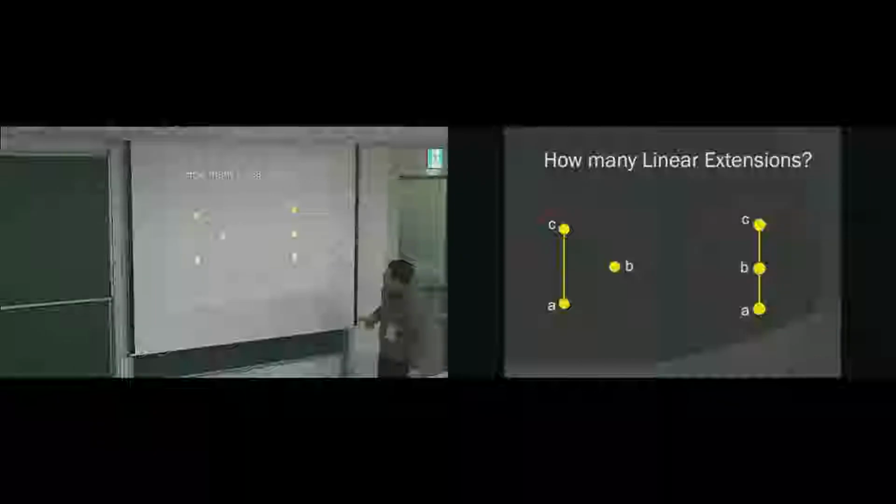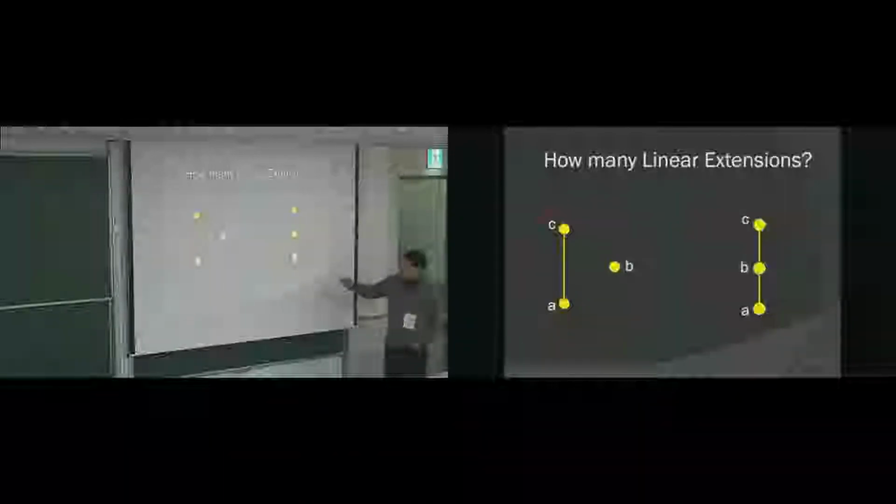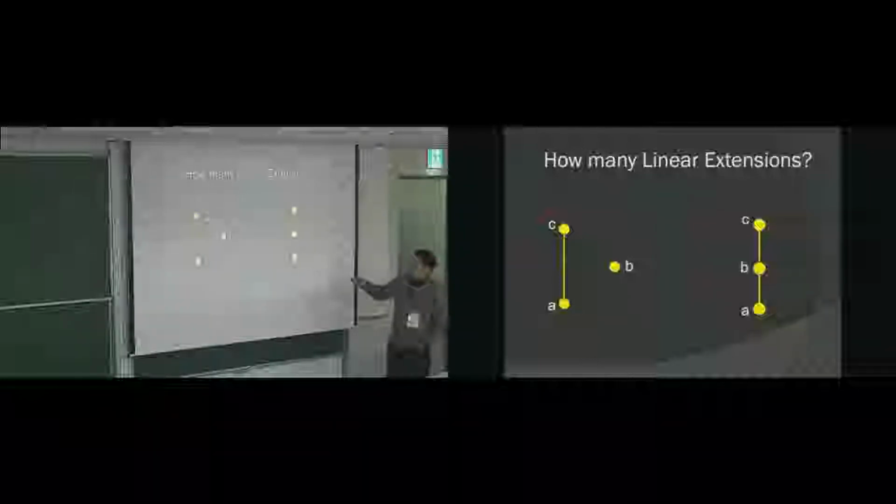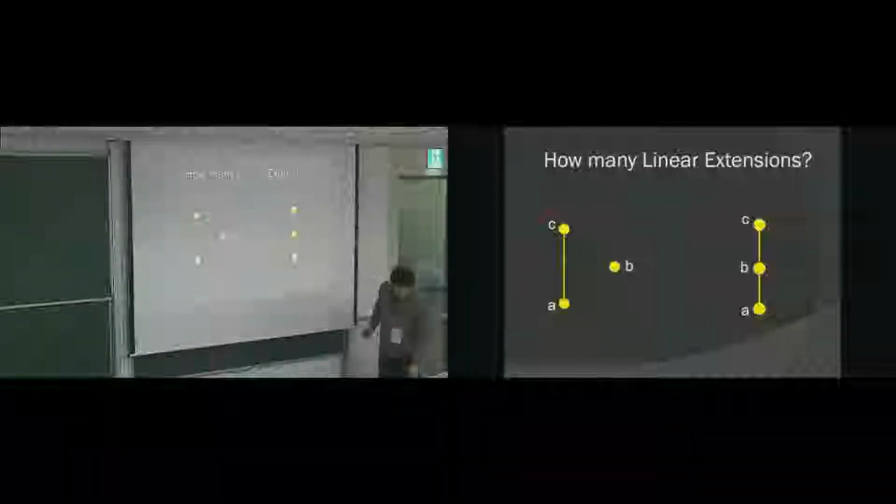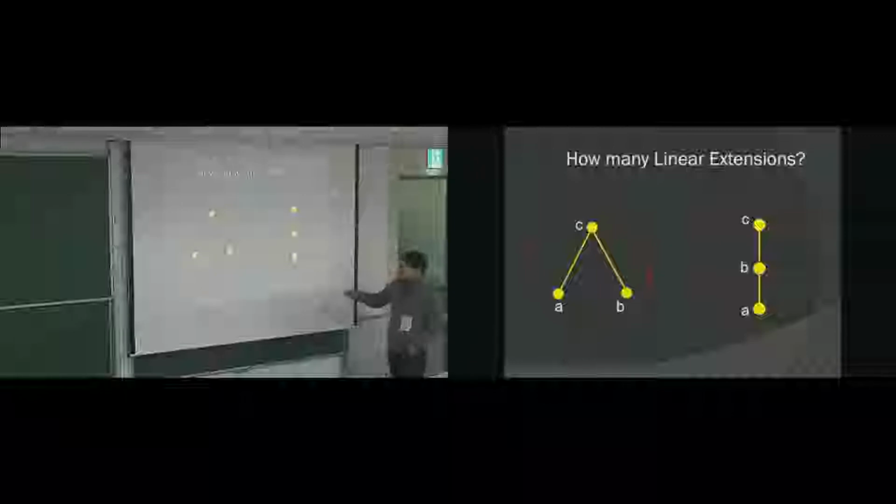So the question is, how many linear extensions do we have? For example, for this poset, as I told you, it has three. B can be in three positions, here, here, or here, so we have three linear extensions. For this one it's obvious: A can be less than B and B can be less than A, so we have two choices.